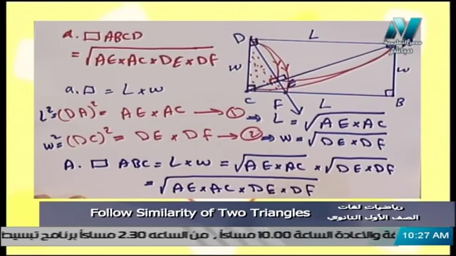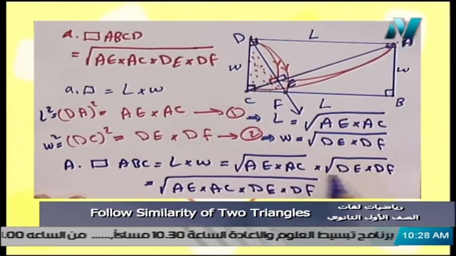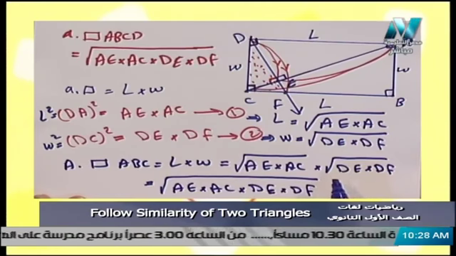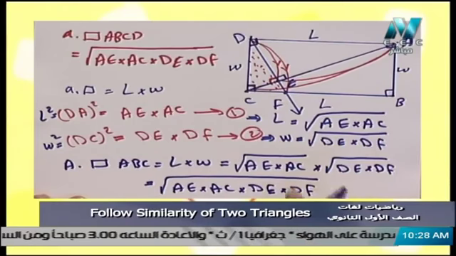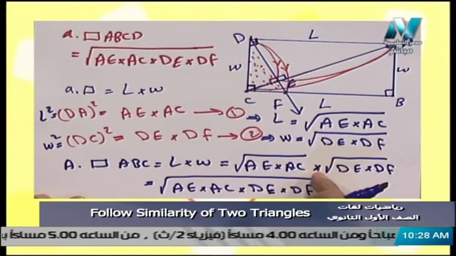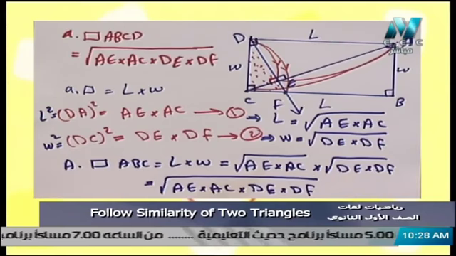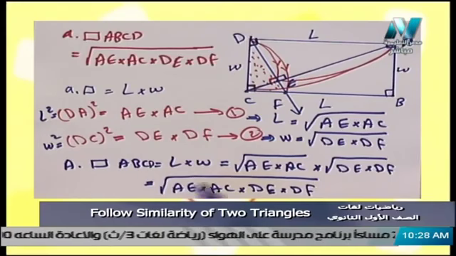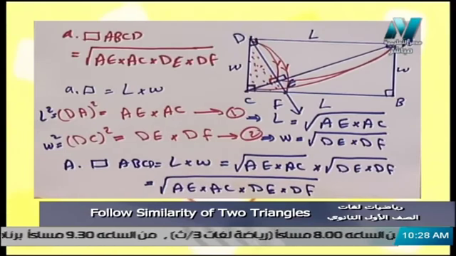We notice that we can join all these numbers in one square root, from the properties of square roots, if we multiply them, we can join them in one square root. So we can prove that the area of rectangle ABCD equals the square root of AE multiply AC multiply DE multiply DF, which is the proof of the area of the rectangle.